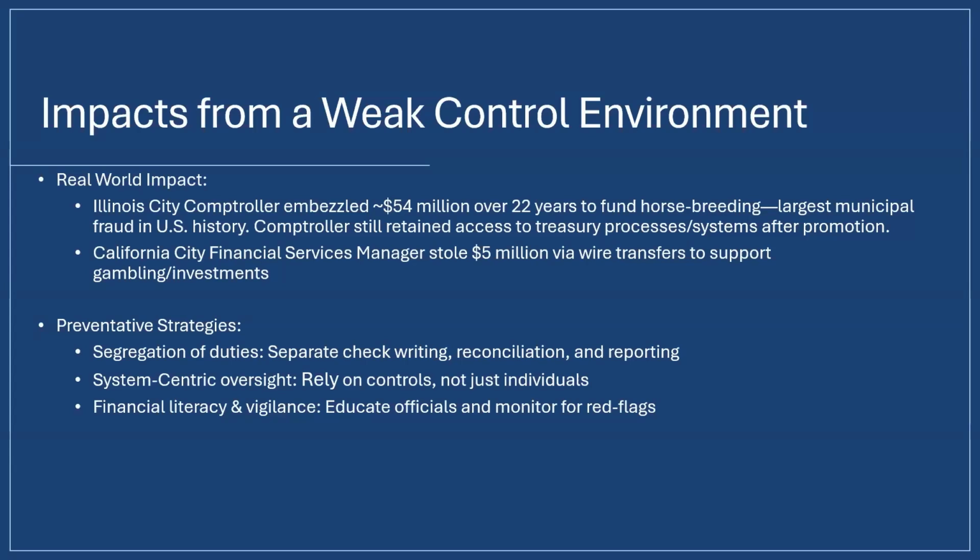Something more recent. It's a city. I actually used to live in this city. I'm a neighbor of that city now. In Southern California, someone stole 5 million via wire transfers to support gambling investments. The preventative strategy that could have prevented this was, again, segregation of duties.